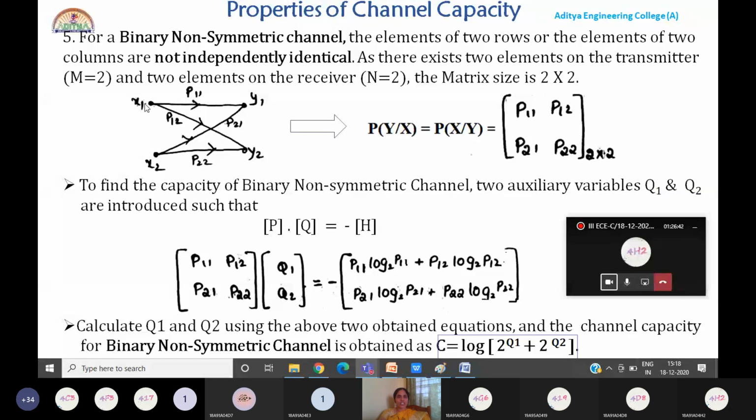For x1, the probabilities are p11 and p12, so the entropy H of x1 is minus of p11 log p11 base 2 plus p12 log p12 base 2. Similarly, H of x2 is P22 log P22 base 2 plus P21 log P21 base 2. The negative sign is common for the entropy, so I took a minus as common. We represented this whole factor as H.